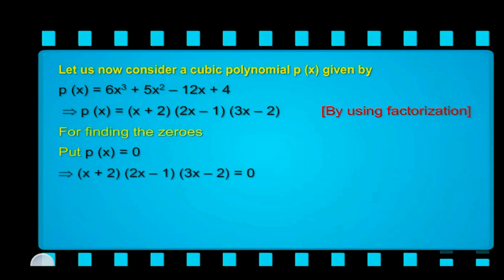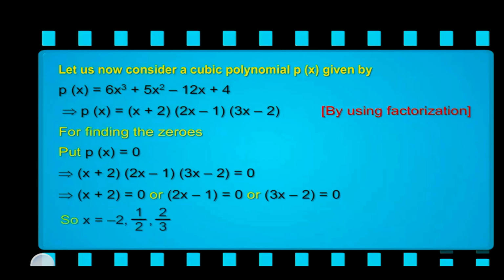We get x plus 2 into 2x minus 1 into 3x minus 2 is equal to 0. This implies x plus 2 is equal to 0 or 2x minus 1 is equal to 0 or 3x minus 2 is equal to 0. So x is equal to minus 2 or x is equal to 1 upon 2 or x is equal to 2 upon 3.